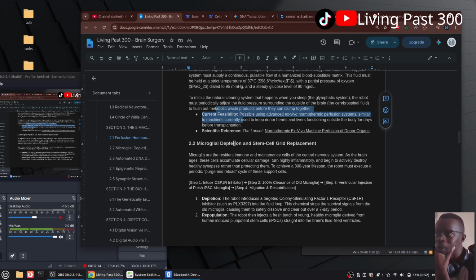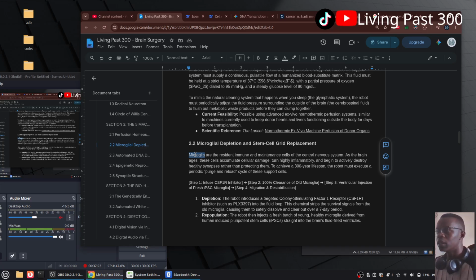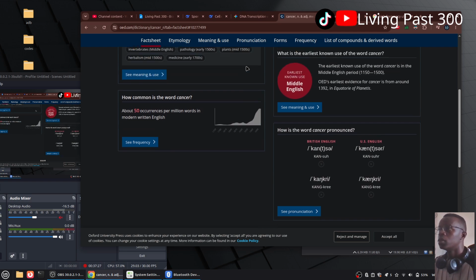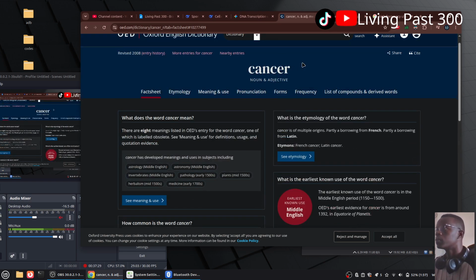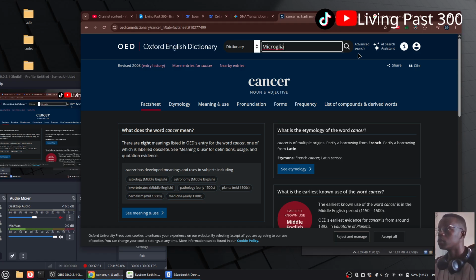And now let's see microglia depletion, stem cell graft replacement. Microglia. Let's see how to read this.